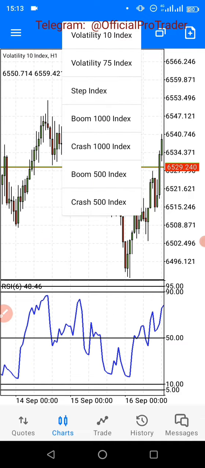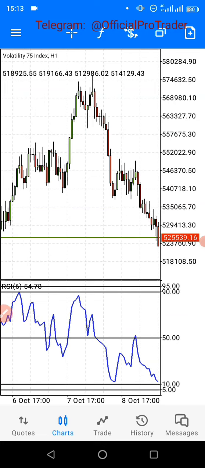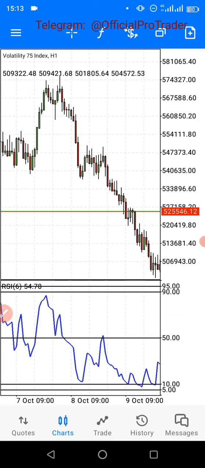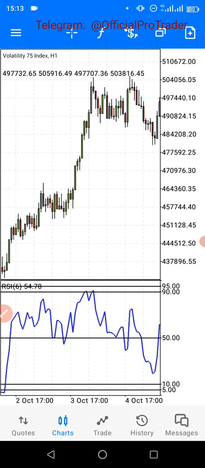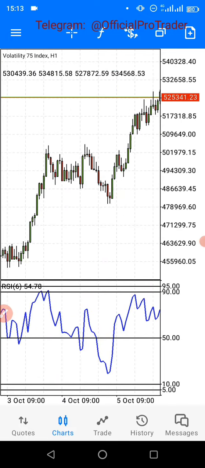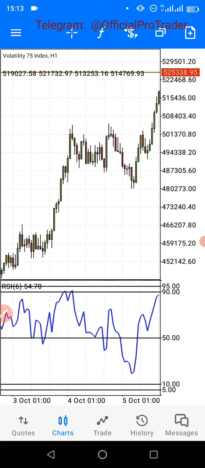All right, let me check for another asset, VIX 75, for hidden divergences. They don't often occur, but when they do, you can count on it. Now look at what happened here. This is a prime example of a hidden bullish divergence.